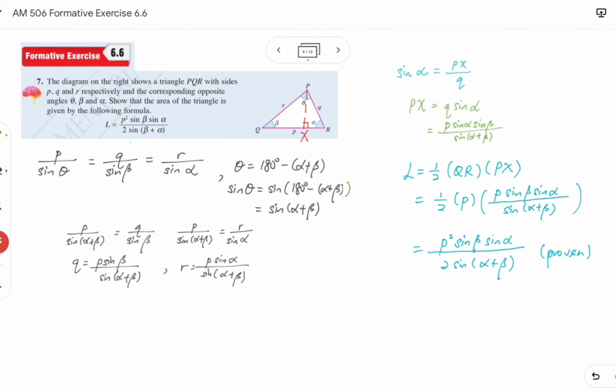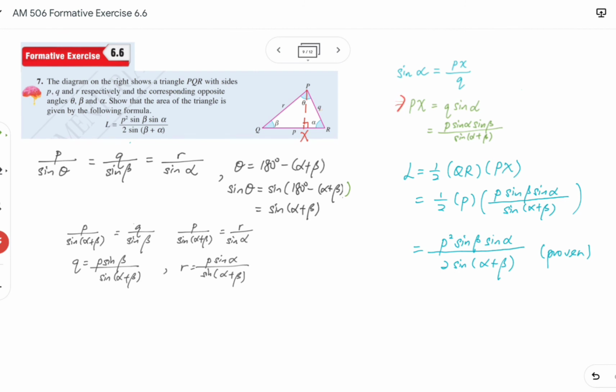And we know the area of the triangle should be equal to 1 over 2 times base times height. So I try to build my height PX here. And with any angle, let's say I use alpha, it is equal to this small triangle opposite over hypotenuse, which is PX over q.